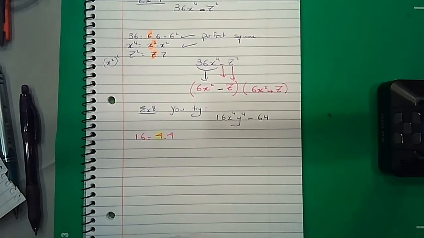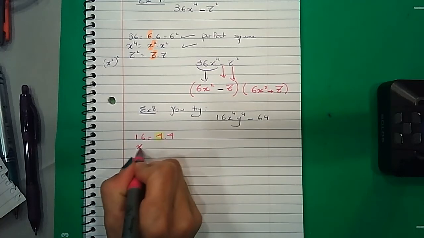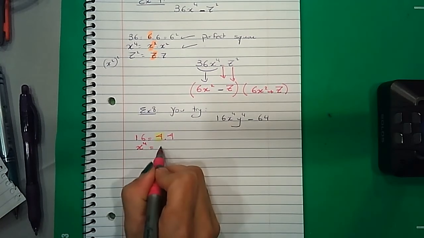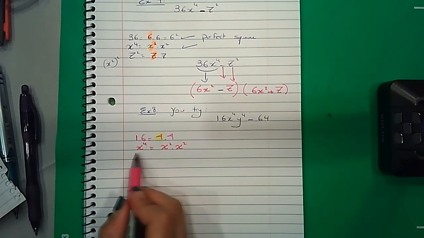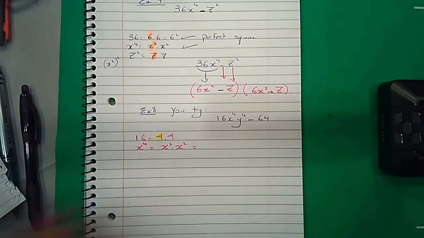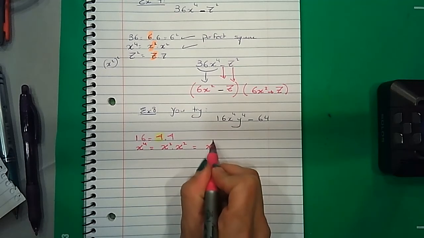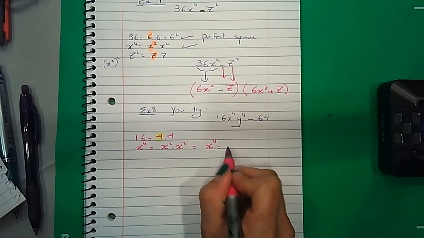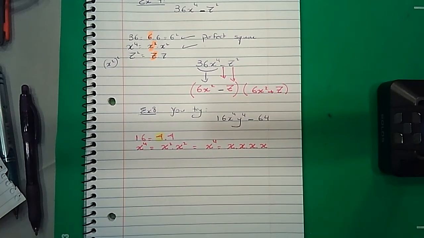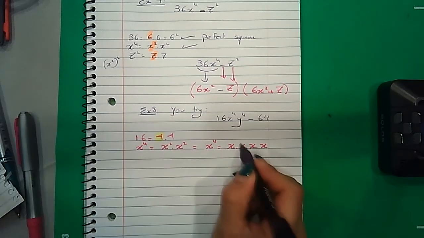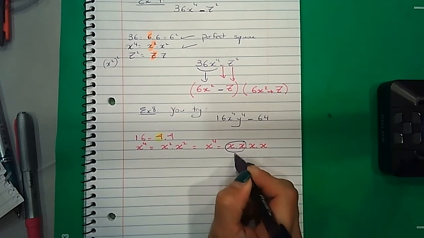All right, let's see x to the 4th power, which is x squared times x squared. If you're not sure how to do this, here's what I would suggest. x to the 4th is x times x times x times x, 4 times. And I would like to group them in groups of 2.